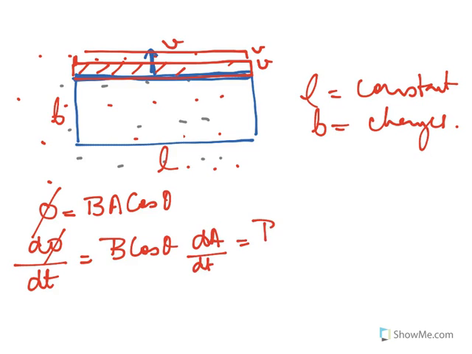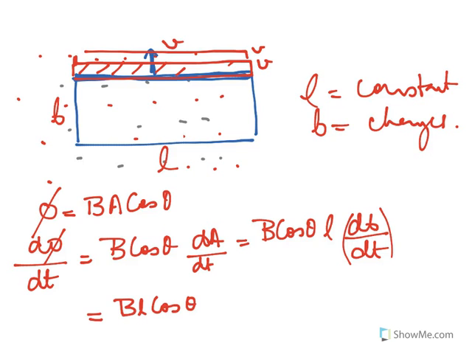Since L remains constant, we can put the L out and write dB dt. Since dB dt, the rate of change of breadth, is equal to the velocity, we can write d phi dt as BL cos theta into v. And this is equal to the induced EMF.